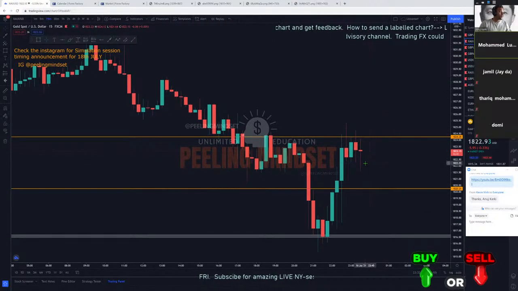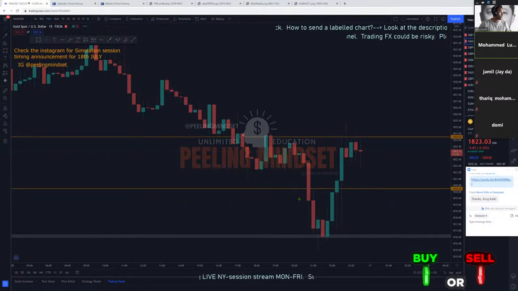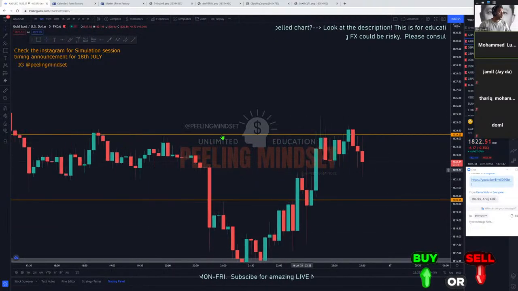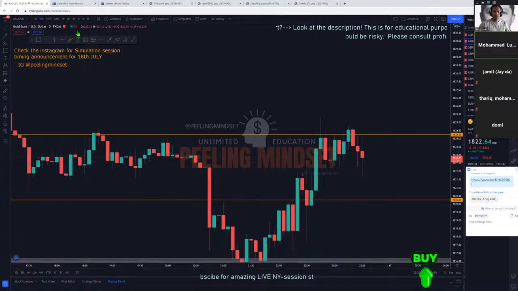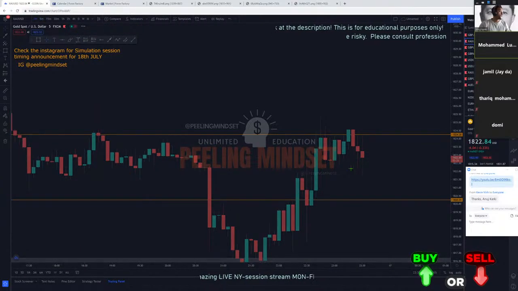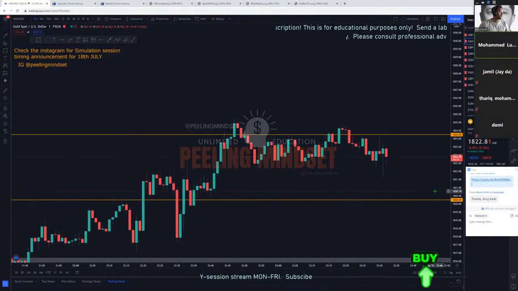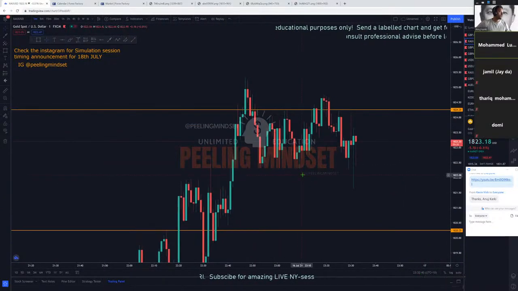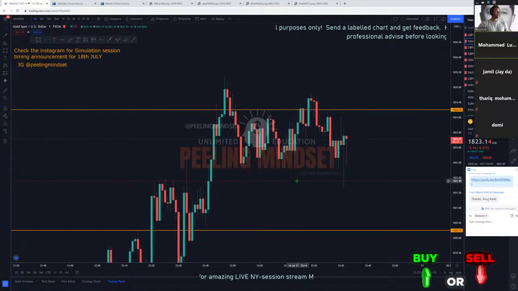So for a potential sell, we are pushing down. Have to see candles close below the support area here.